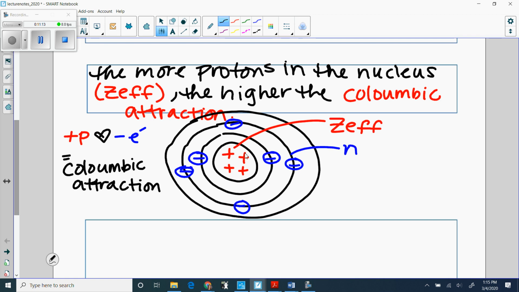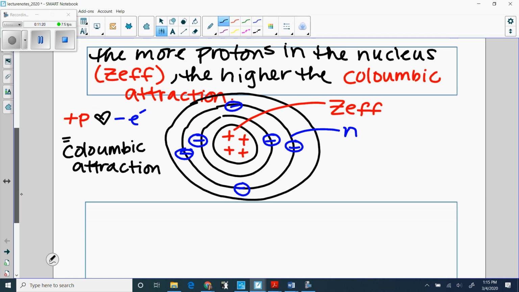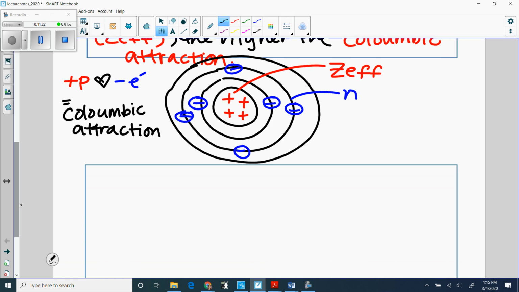Kind of putting it all together. Radius is from the center out. Just like in math, the radius is from the center out.